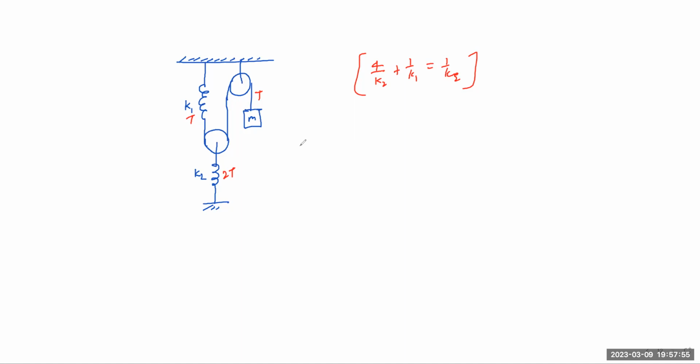So I'll show you something interesting. Let's say I want to write the constraint for the block. This will elongate by x2, and this will elongate by x1. Always assume the elongation. Can you relate x1, x2 with x?